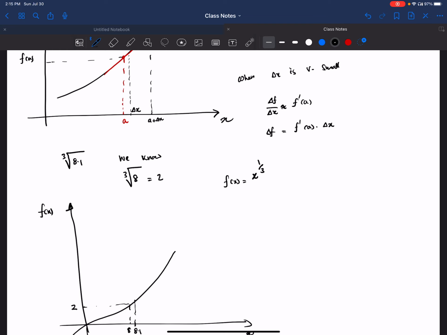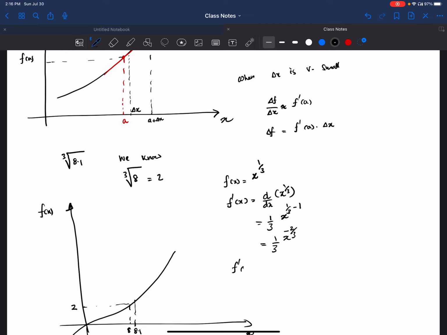So we can find f prime of x equal to d over dx of x to the power 1/3. This is where we use calculus. That is 1/3 x to the power 1/3 minus 1, which is 1/3 times x to the power negative 2/3.